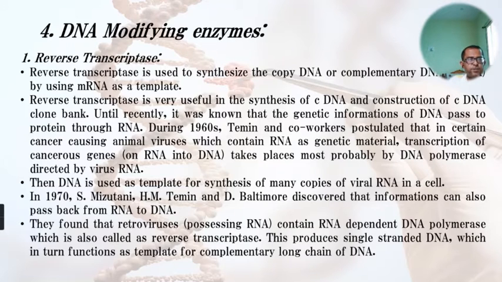This information was used by three scientists, Mizutani, Temin and Baltimore. This information, the conversion of RNA into DNA molecule with the help of the reverse transcriptase enzyme, is used to prepare the cDNA library in case of eukaryotes.